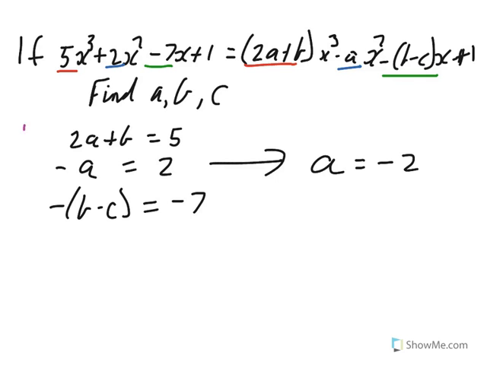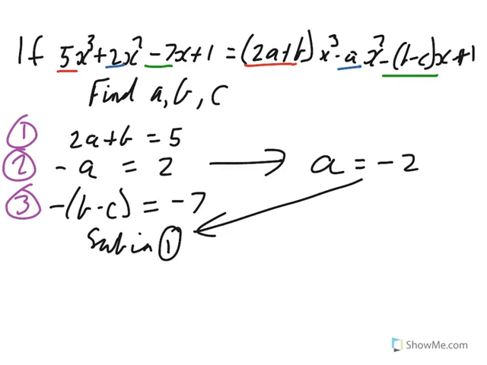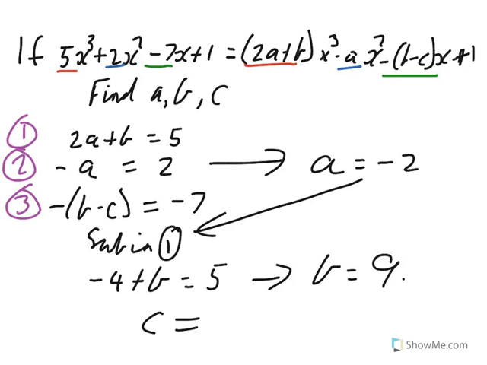In the first one, if you sub in a, you find that negative 4 plus b equals 5, which leads to b equaling 9. If we then substitute a and b into the third one, you find that c will be equal to 2. I'll leave you to do all that, because I'm sure that you're able to.